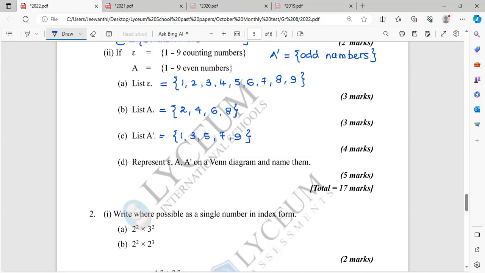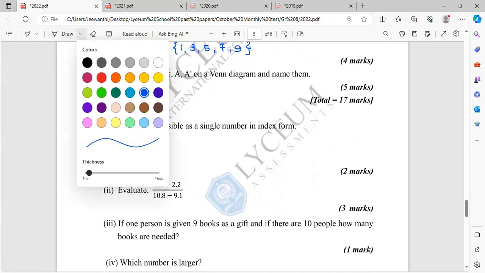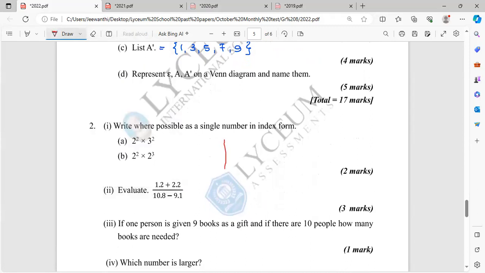Okay. And you want to represent everything in a Venn diagram. Now, children, you want to understand this. When you are drawing the Venn diagram, first of all, you draw the rectangle. Right? Just see how easy this question is, but still it gives you 17 marks.